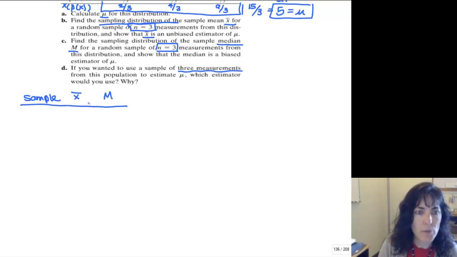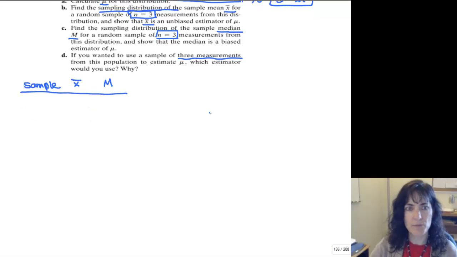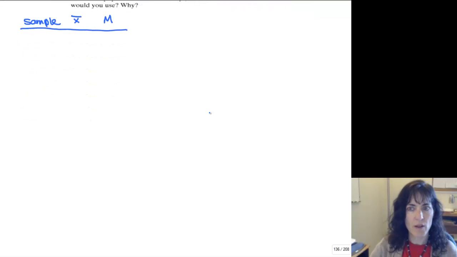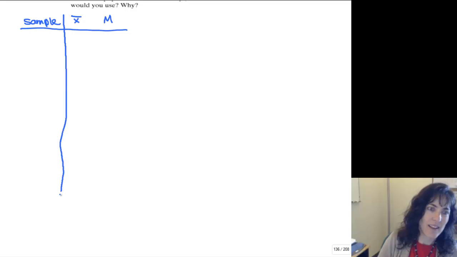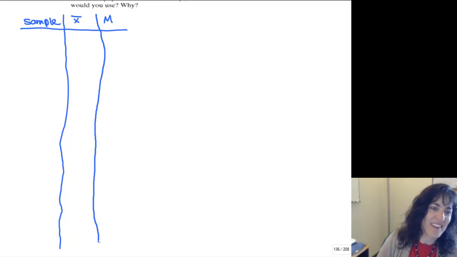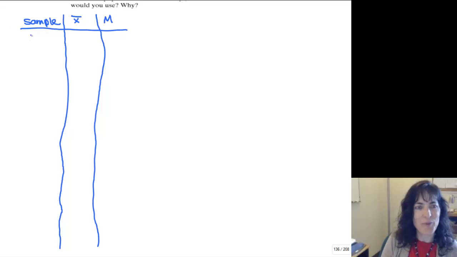Okay, so I'm going to make a big table to do this, if I can fit it all on here. Tables look much better on regular paper.